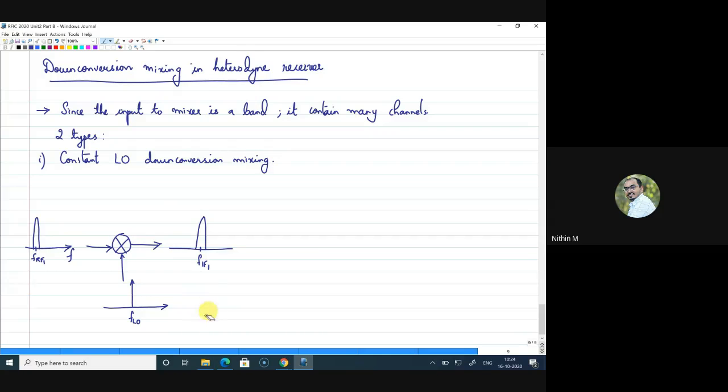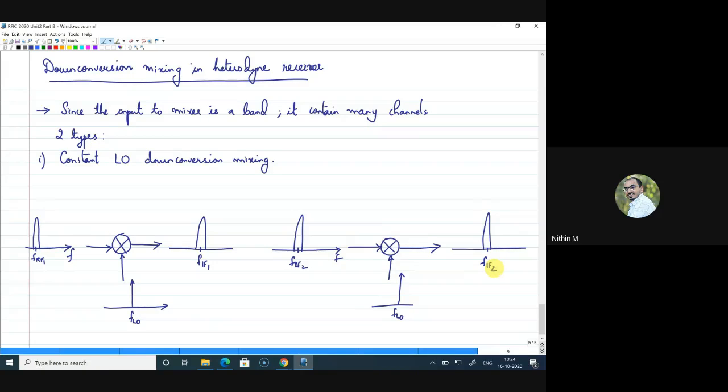That means the input to the mixer is a band. It will have different channels, so each channel will be mixed using a constant LO frequency, and the corresponding IF will be generated. Say the next channel is at FRF2, that also will be given to the mixer, and that also will be mixed using the same LO located at the same frequency to get the IF. That will give you a different IF.